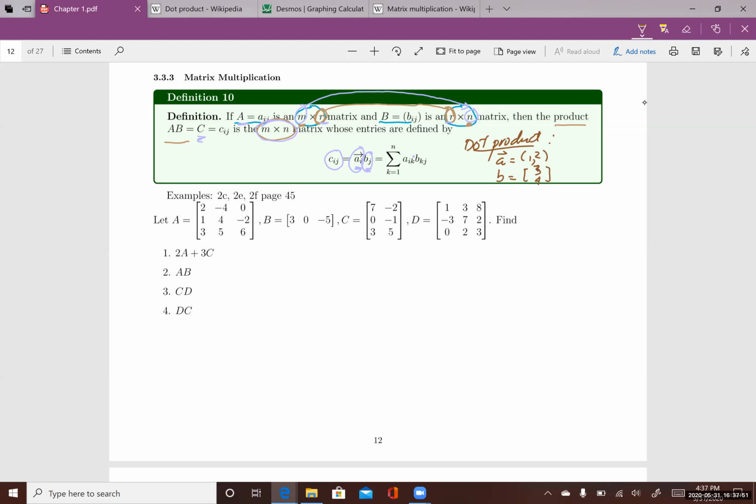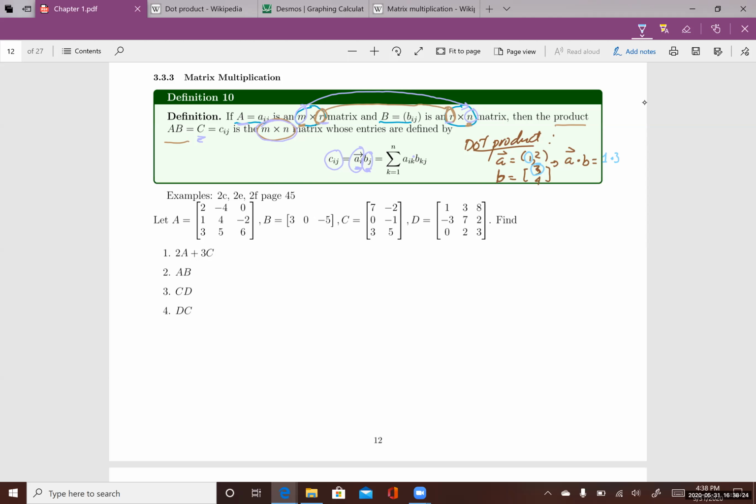If I want to take the row vector A and dot product it with the column vector B, I will take the product of the first entry of row vector A, 1, and multiply it by the first entry of the column vector B. So it's going to be 1 times 3.